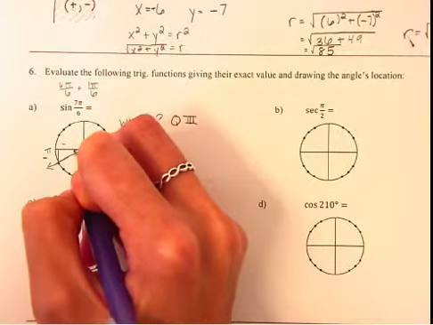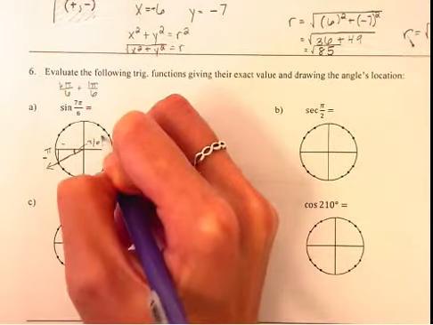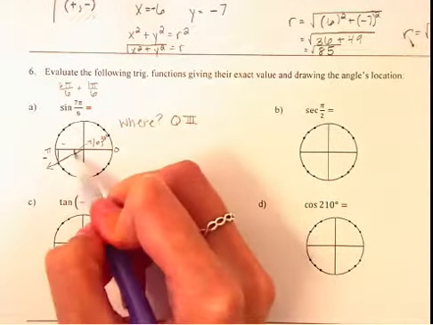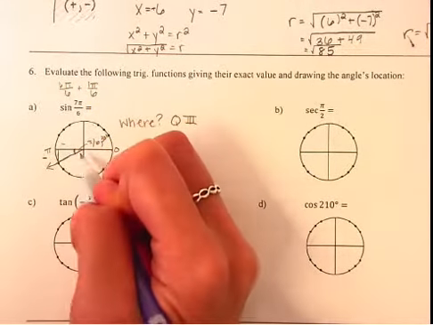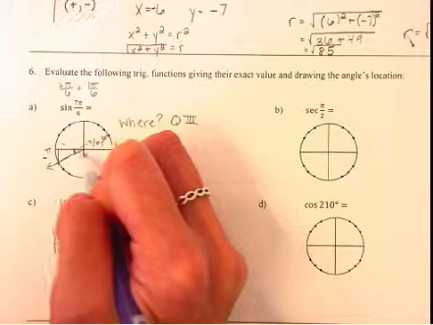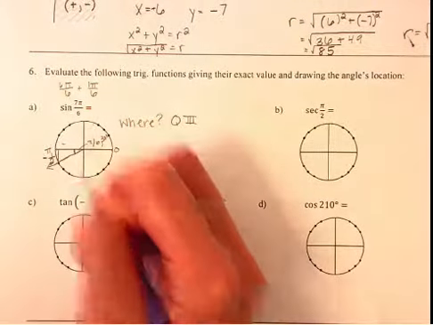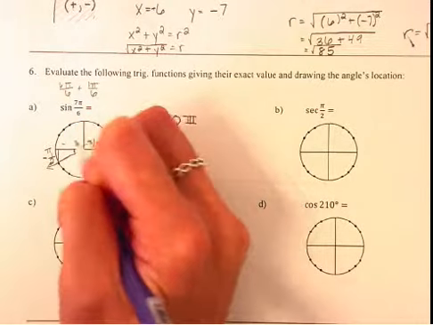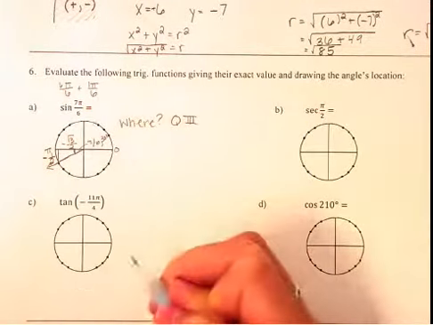I know that this angle is pi over 6, or 30 degrees, because it is the shortest angle to go back to my x-axis. If that is 30 degrees or pi over 6, I know opposite my shortest angle is my shortest side, 1/2. And adjacent to my shortest angle is my longest side, square root of 3 over 2.